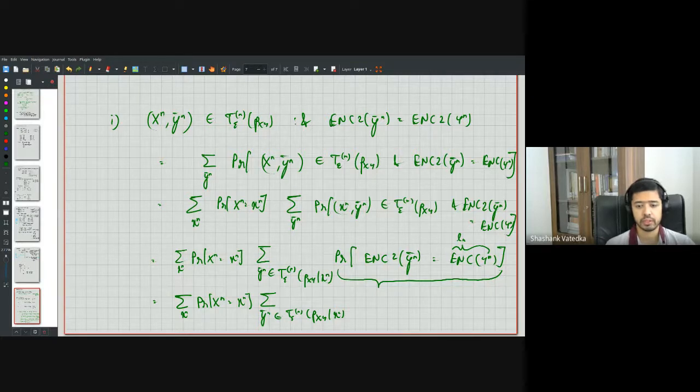Suppose that the true sequence yn is mapped to the all zeros code word, 0 0 0 0 of length ln. Now for yn bar the code word is drawn uniformly at random. So what is the probability that this is equal to the all zeros code word?